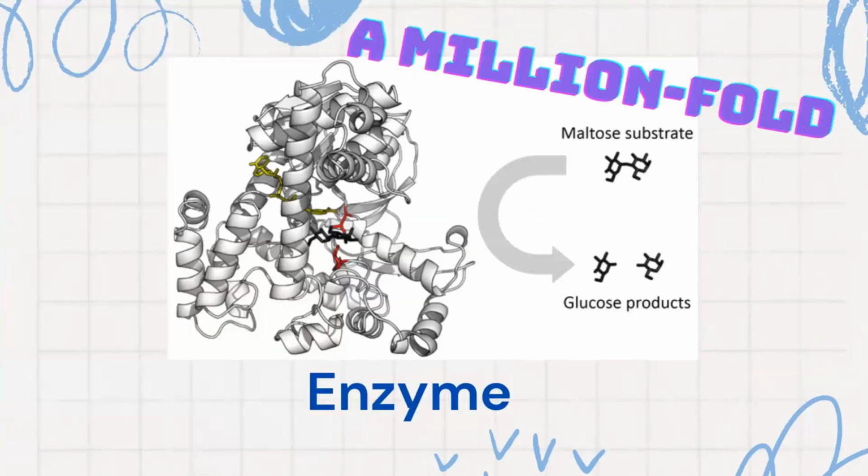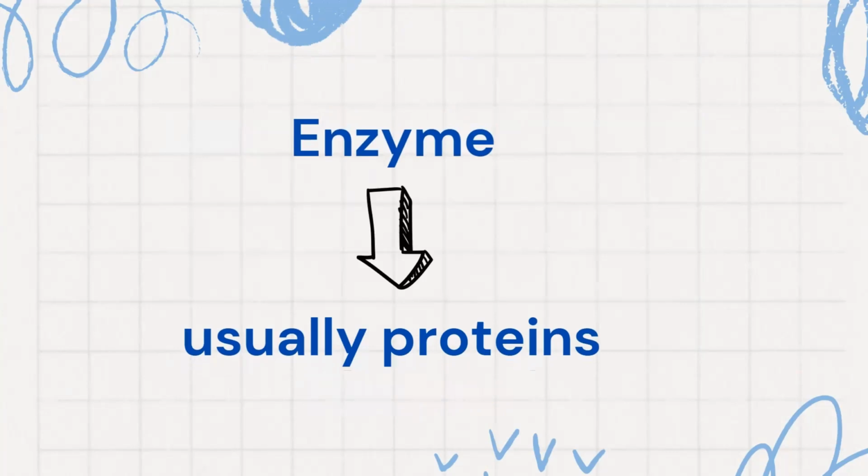Enzymes are biological catalysts with remarkable power, increasing reaction rates by at least a millionfold. They are usually proteins, although some enzymes are other types of biological molecules.